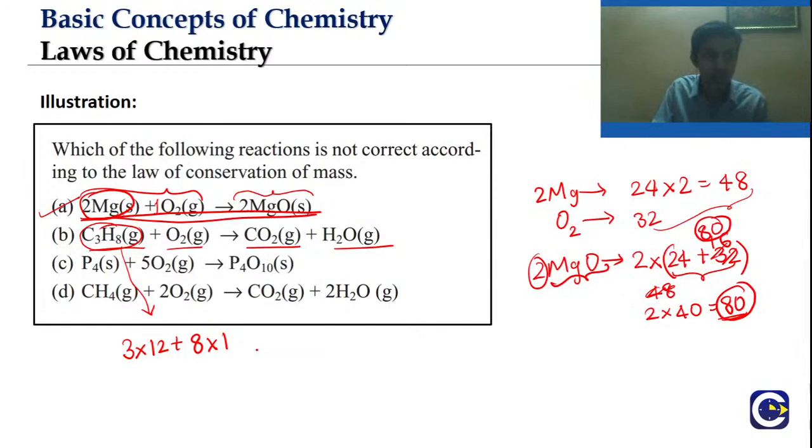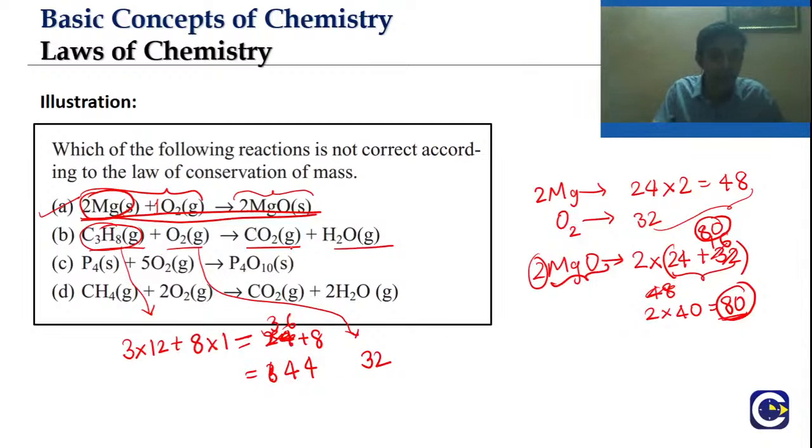So 36 plus 8 is equal to 44. For O2, the atomic mass of oxygen is 16, so 16 into 2 is 32. On the reactant side, the total is 44 plus 32, which comes out to be 76.